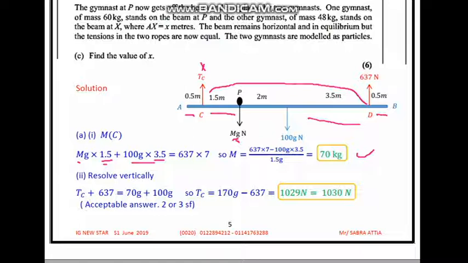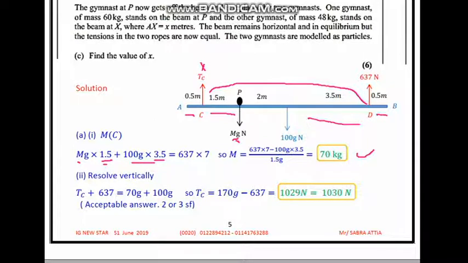Second part, we need the tension at C, so we resolve vertically. TC upward and TD upward as well, and 100g downward, and mg, which is 70g. Now we know the value of M. Downward, so we can write upward equals downward.